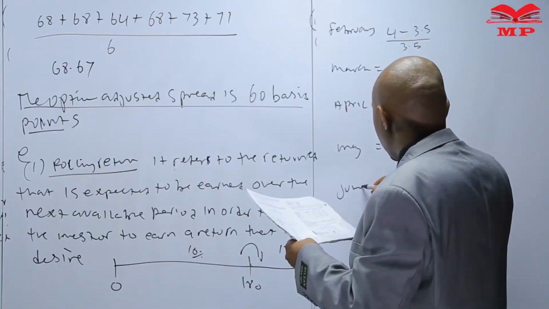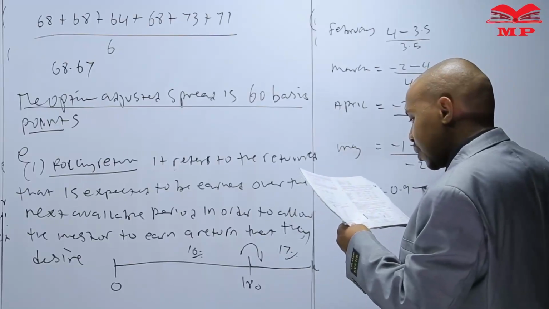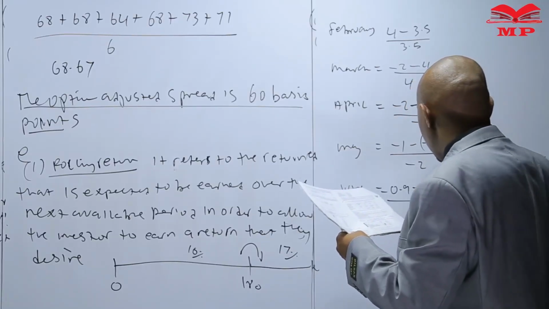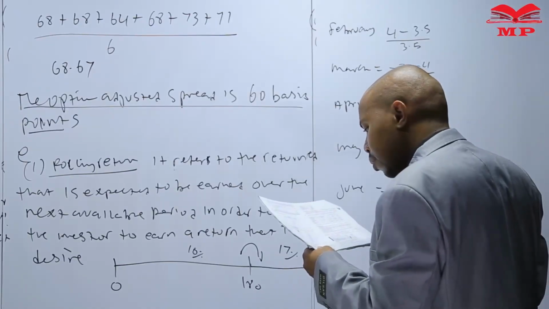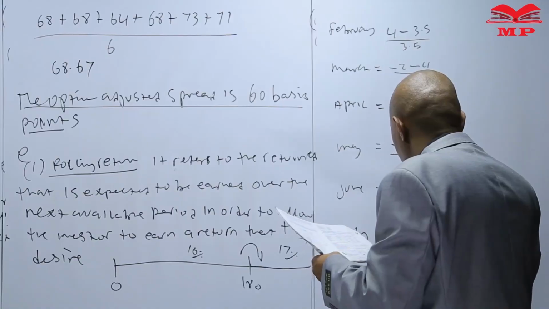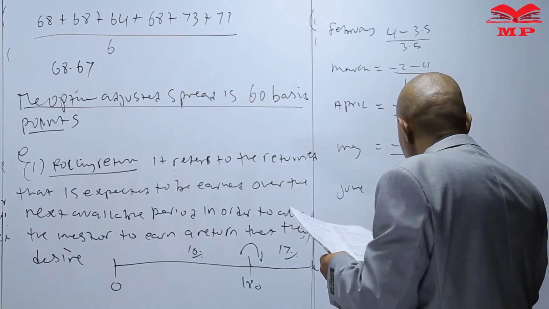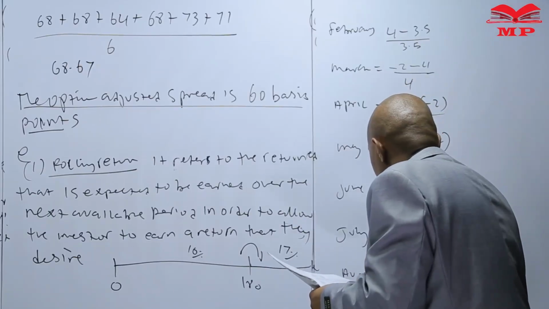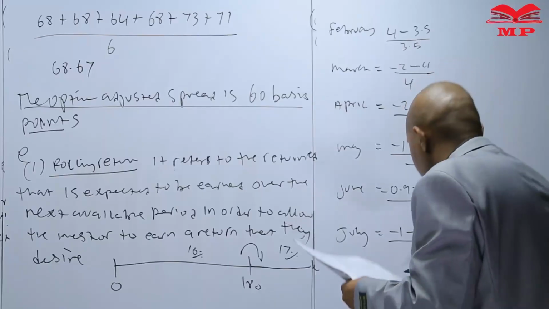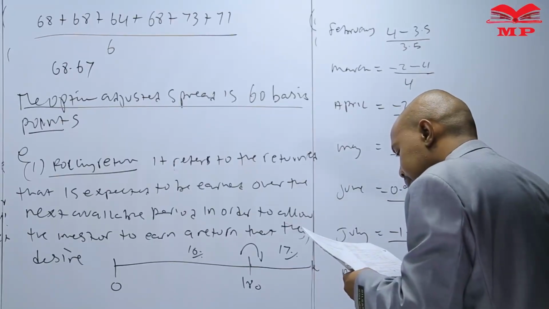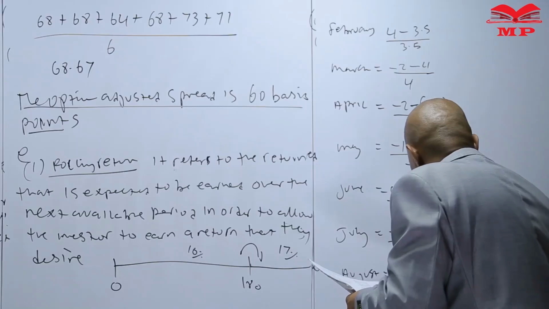June is 0.9 minus 1 over minus 1. July is minus 1 minus 0.9 over 0.9. August, we are going to have 1.7 minus 1 over minus 1.